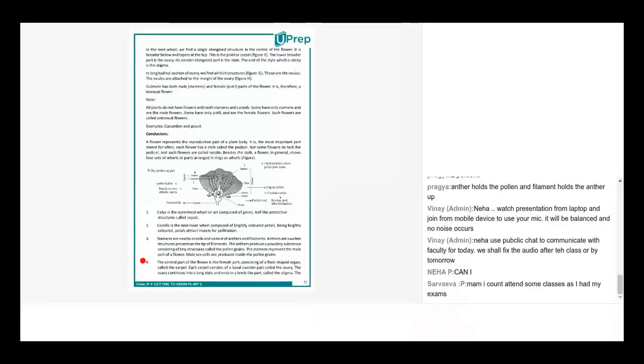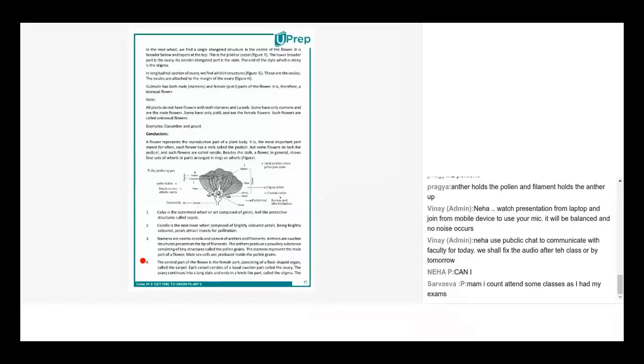Stamens are next to the corolla and consist of anthers and filaments. Anthers are swollen structures present on the tip of filaments.